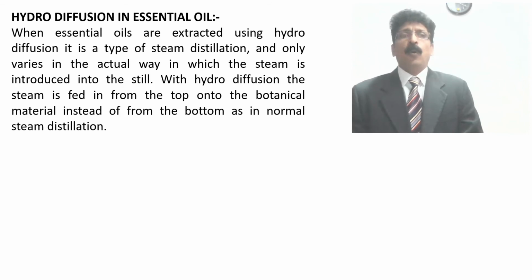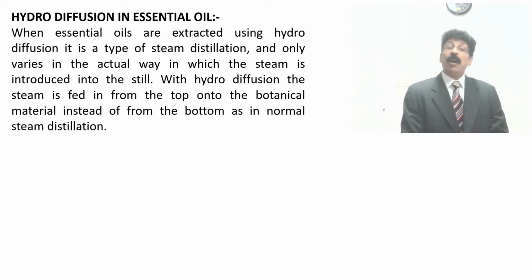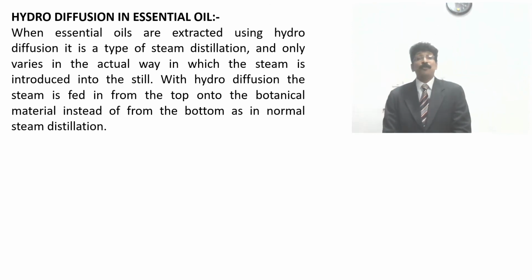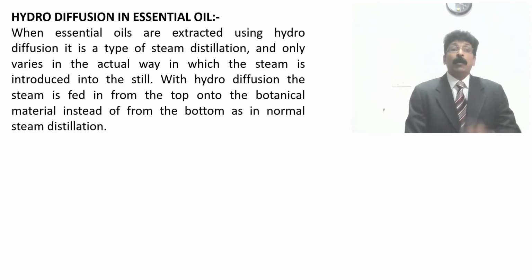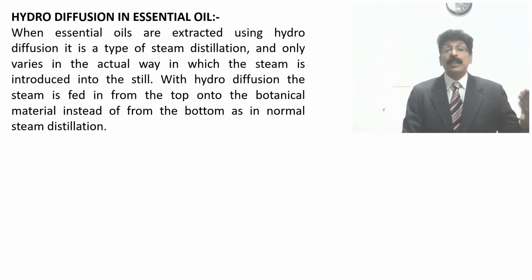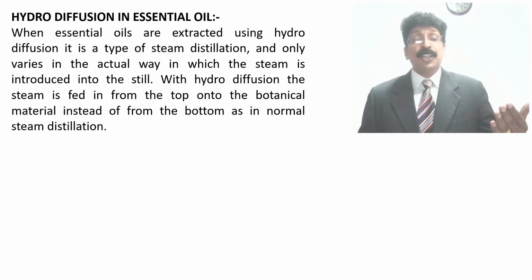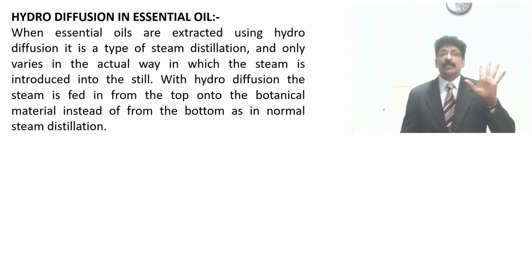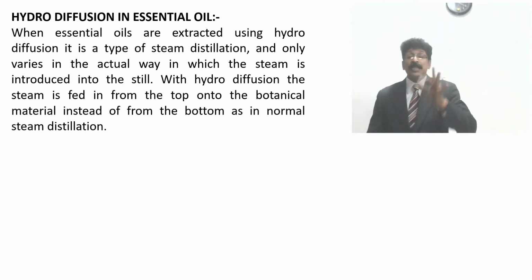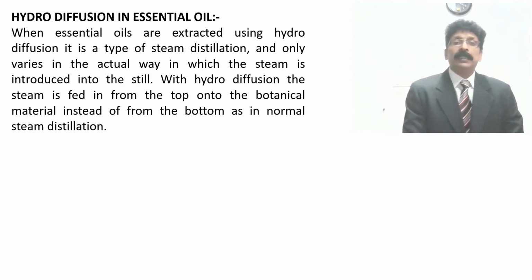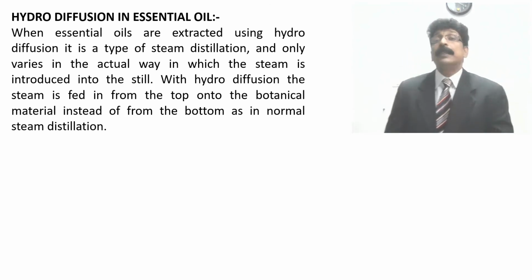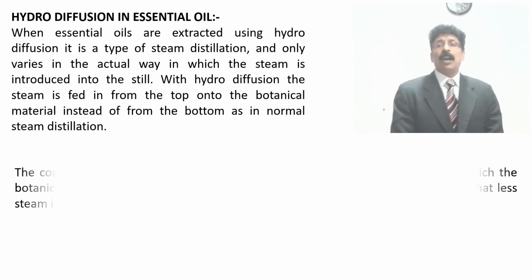When essential oils are extracted using hydrodiffusion, it is a type of steam distillation only, but the way in which the steam is introduced into the still is different. With hydrodiffusion, the steam is spread from the top into the botanical material instead of being sent from the bottom as in normal steam distillation.